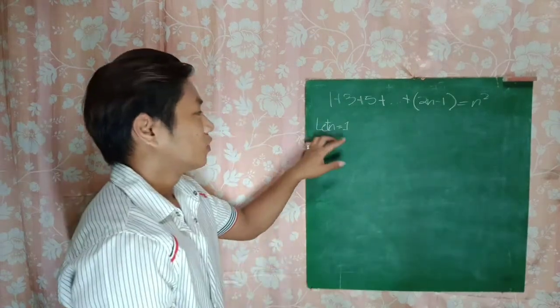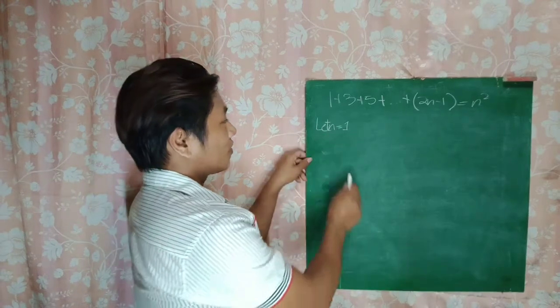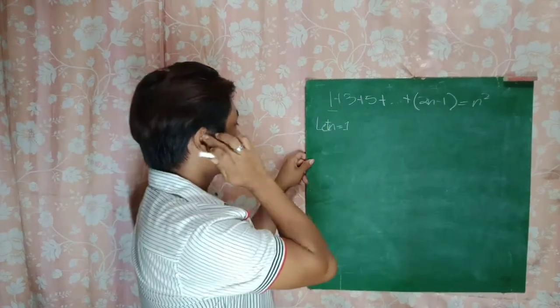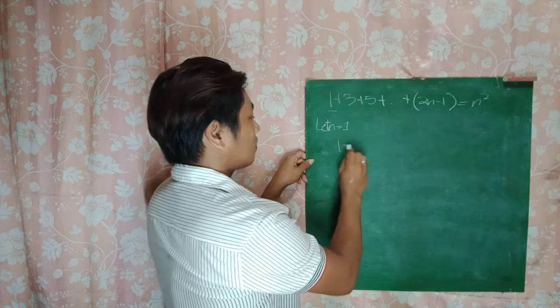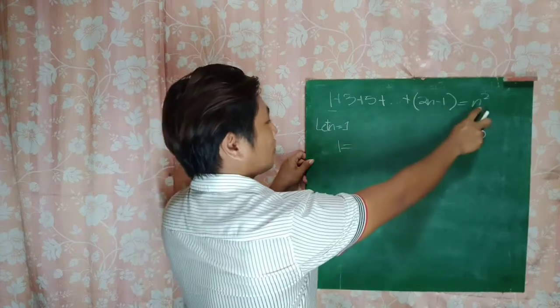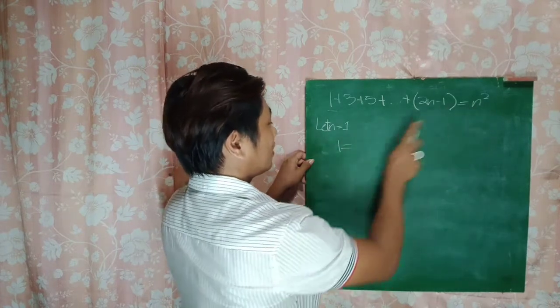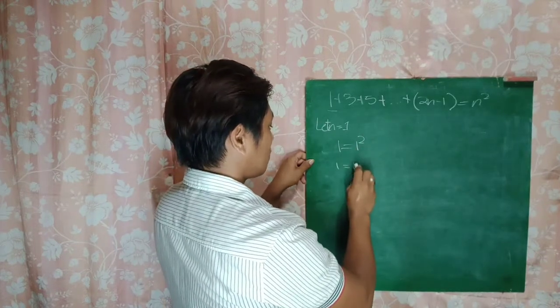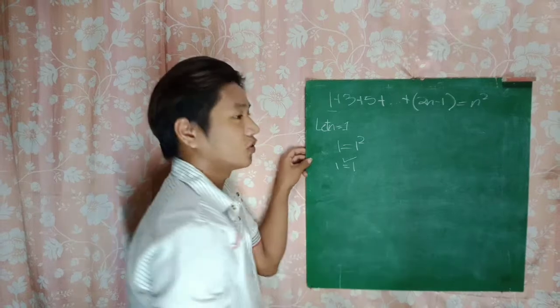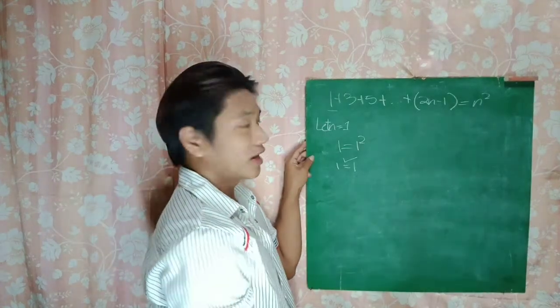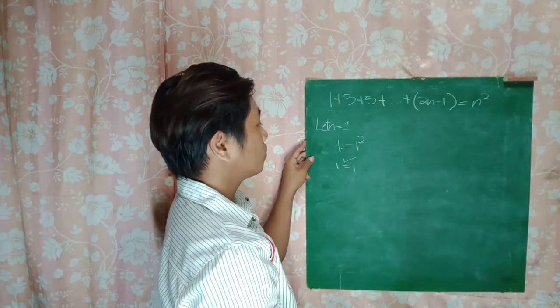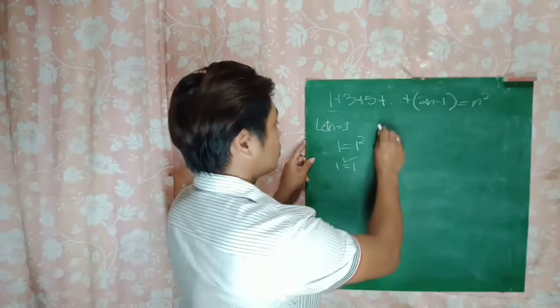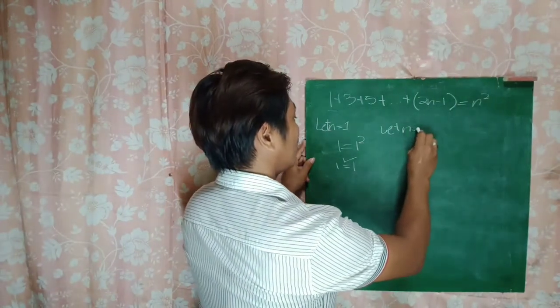So we copy the first value of the given equation: 1 equals n squared, by letting n equal 1, so 1 squared. 1 equals 1 squared is 1, so it's equal. Again, let n equal to 2.